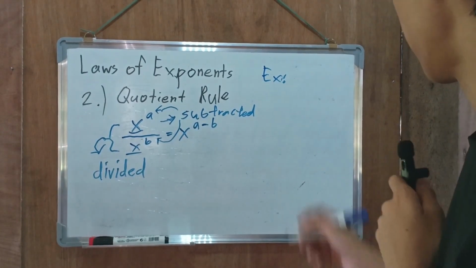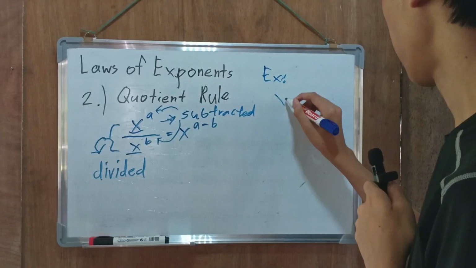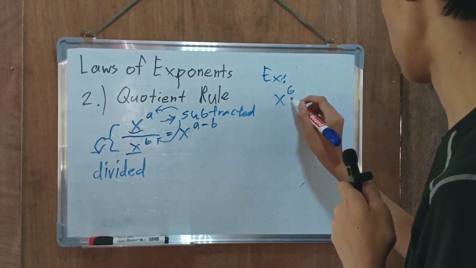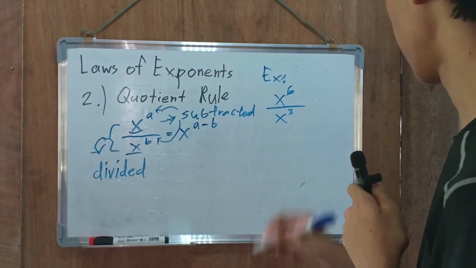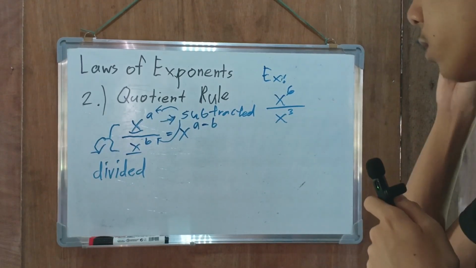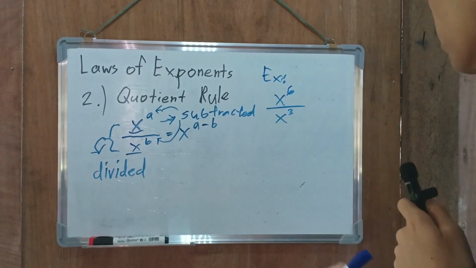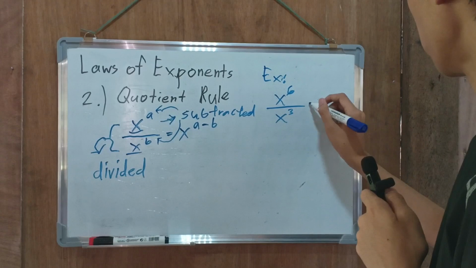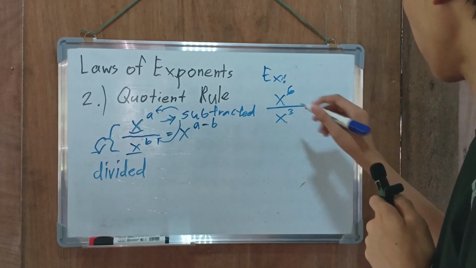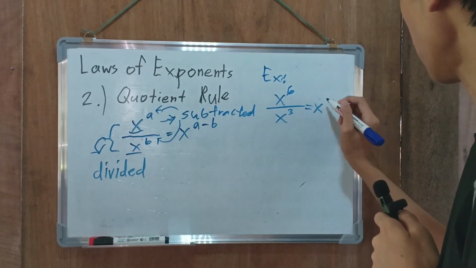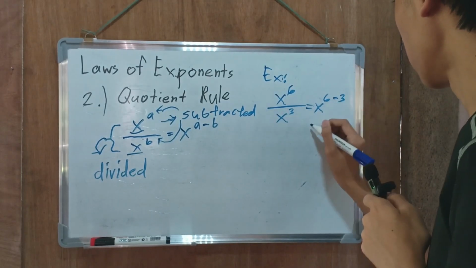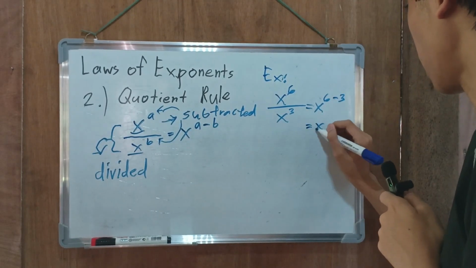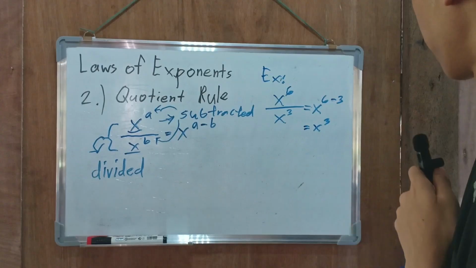Let's assume x raised to 6 divided by x raised to 3. What you're going to do is very simple. Take the x, then take 6 and minus 3, which equals x raised to the third power.